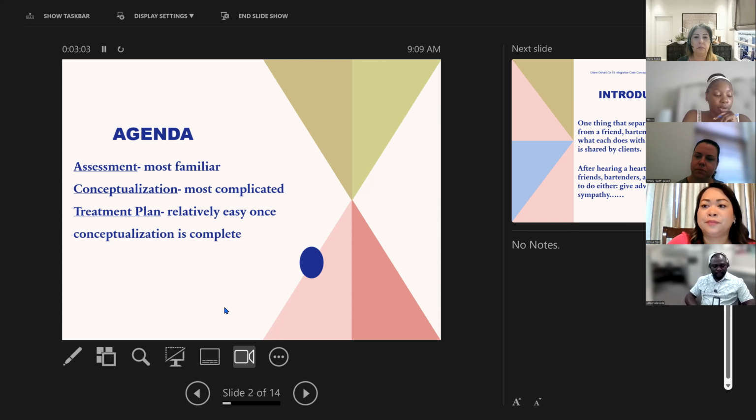She says it took her 10 hours to do the first one, and thereafter it was much more familiar and rapid. The treatment plan is relatively easy once you have a conceptualization of what's driving these problems. So that's our agenda.